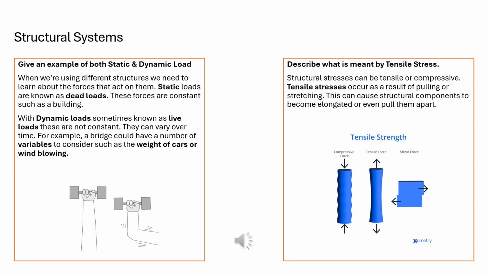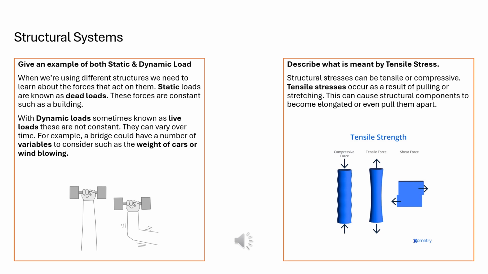So let's start off with the difference between a static and dynamic load. When we're looking at different structures, we need to learn about the forces that are acting on them. And a lot of the time we apply this to bridges and structures like such. So static loads are known as dead loads. These are the forces that are constant on a building. Your building is pretty much static, it's standing still.